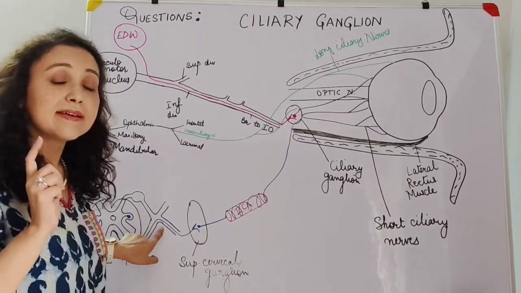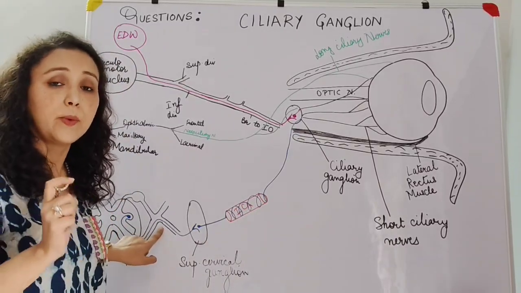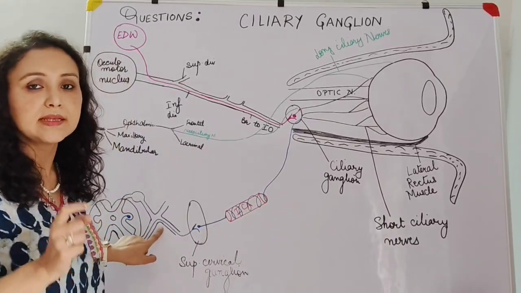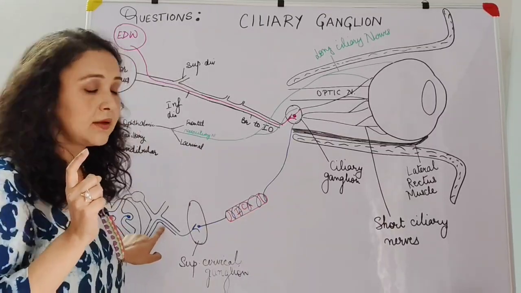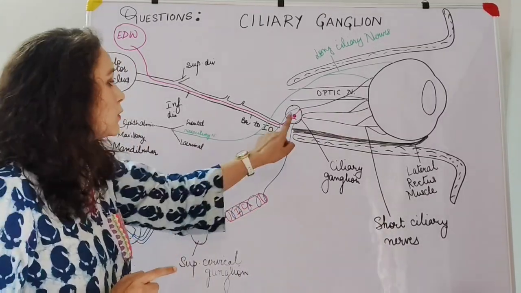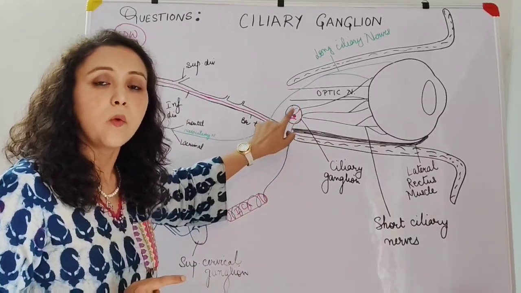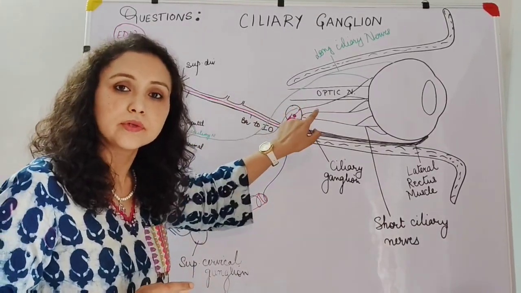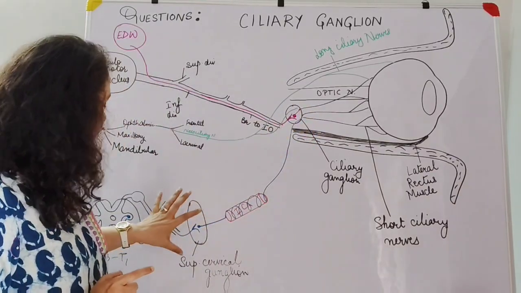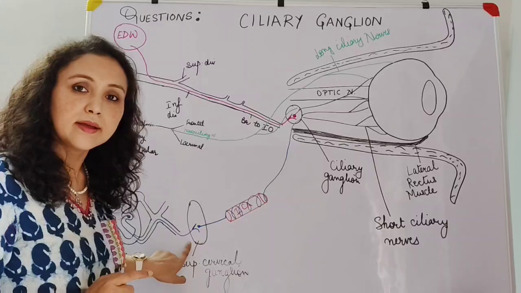Okay, where is the relay occurring? Again, the question which the students find very difficult, but it is very easy once you understand the topic. So the relay is occurring in superior cervical ganglion. It is not occurring here. In ciliary ganglion, relay is occurring only for the parasympathetic route. Okay, so for the sympathetic part, the relay is occurring in superior cervical ganglion.